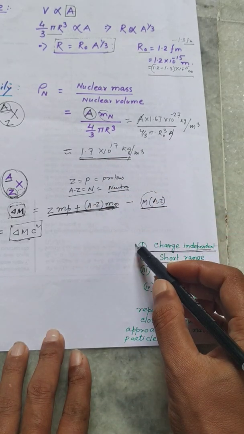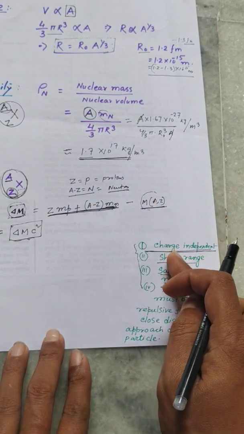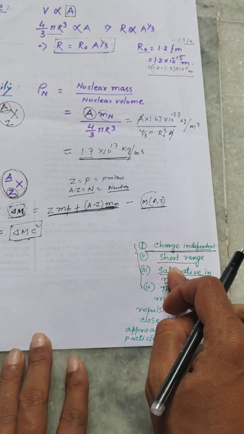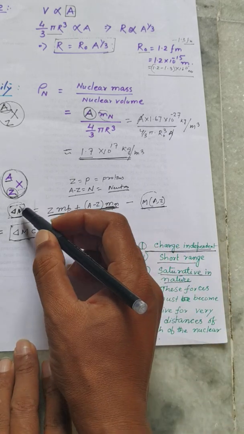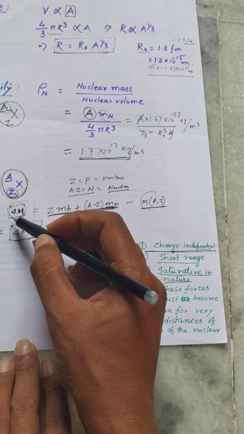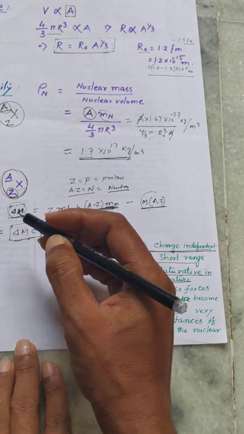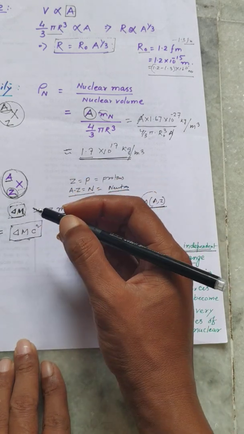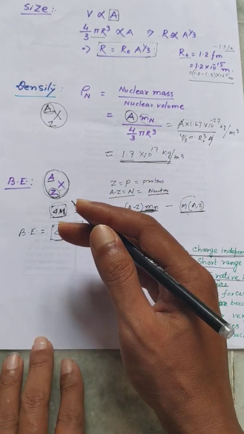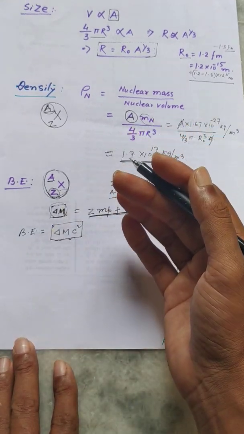So, these are the characteristics of the nuclear force, and this force mainly develops due to the disappearance of mass. This amount of mass disappears when the nucleus is formed and is released into the atmosphere.